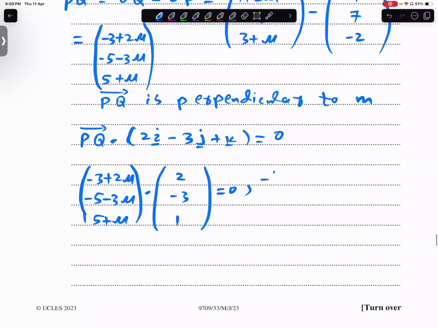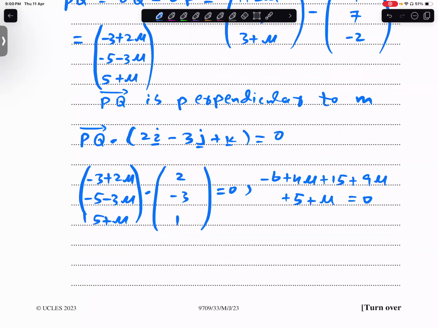So minus 6 plus 4 mu plus 15 plus 9 mu plus 5 plus mu equals 0.